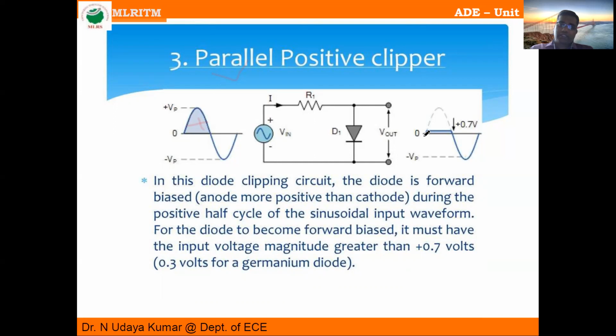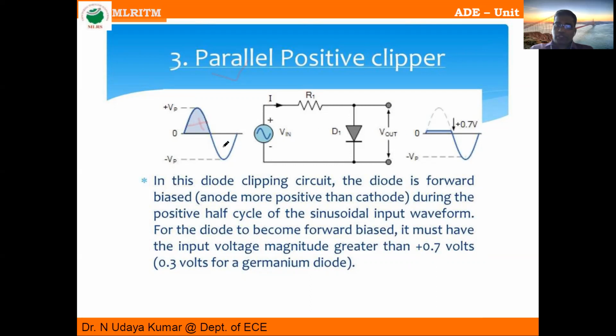We will get only this portion because the diode is not an ideal diode. It is a practical diode, meaning the cut-in voltage is 0.7. Up to 0.7 only it will conduct, and the remaining it will not conduct.